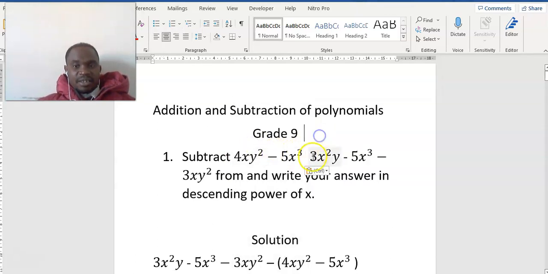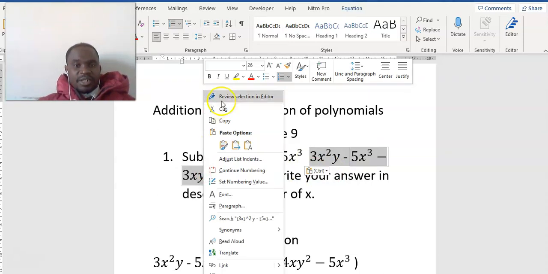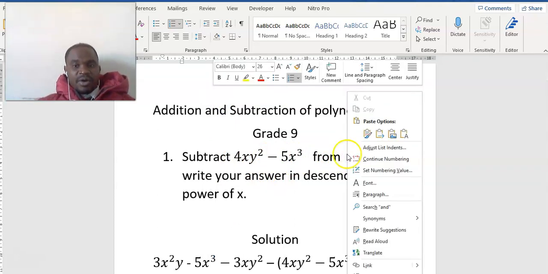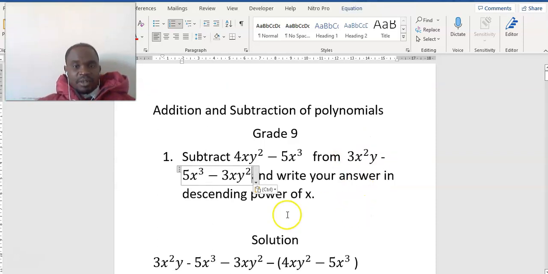Subtract this from this one. That's the question. Subtract this one from, is the other way around. And write your answer in descending order.